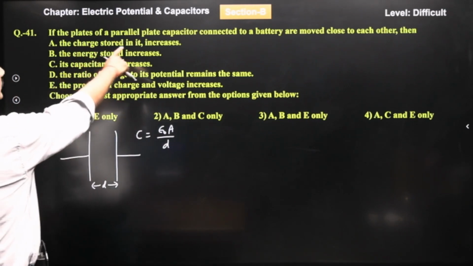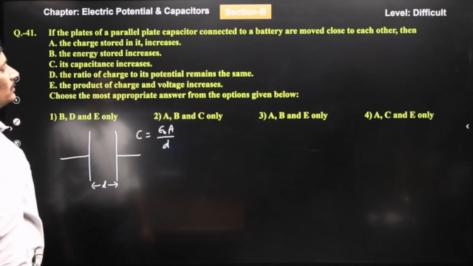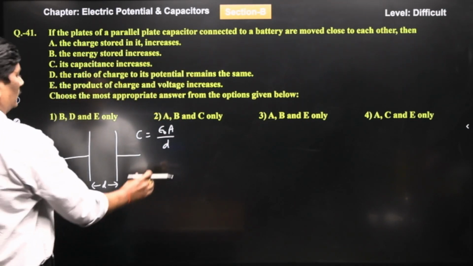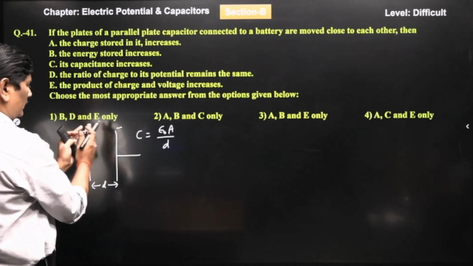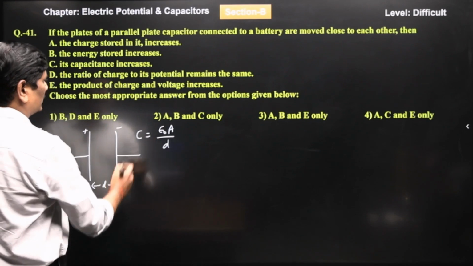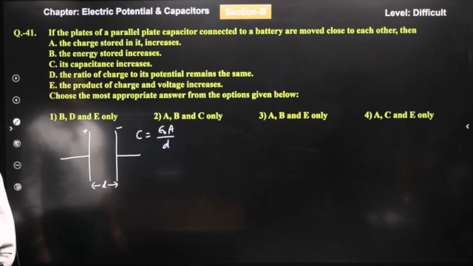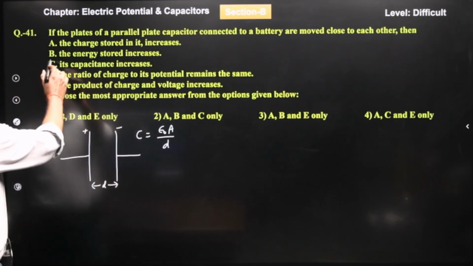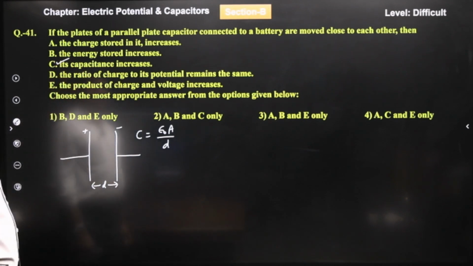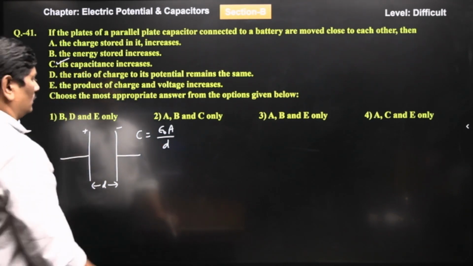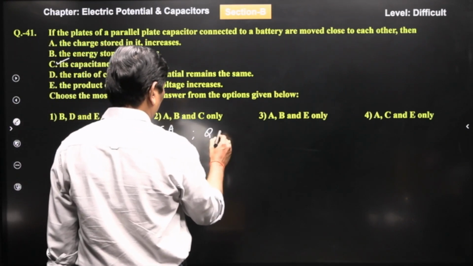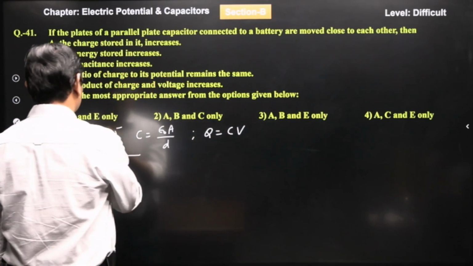What is given? If the plates of a parallel plate capacitor connected to the battery are moved close to each other, that means this distance is decreasing. When the distance decreases, capacity has to increase. Here you can see that point: distance d decreases, capacity increases. And Q is equal to CV, whatever the charge on the plates.